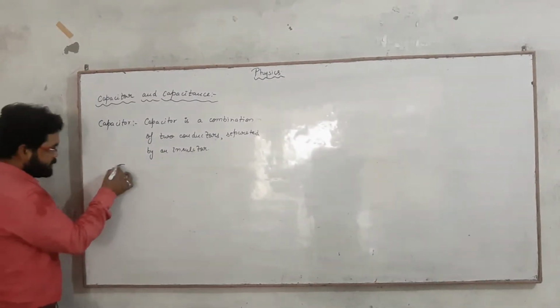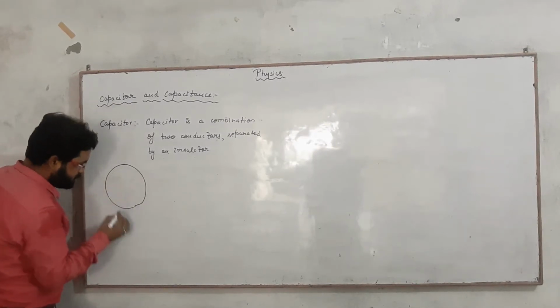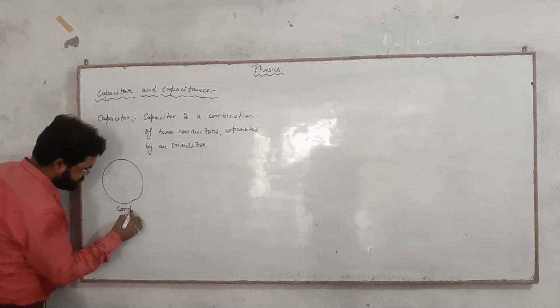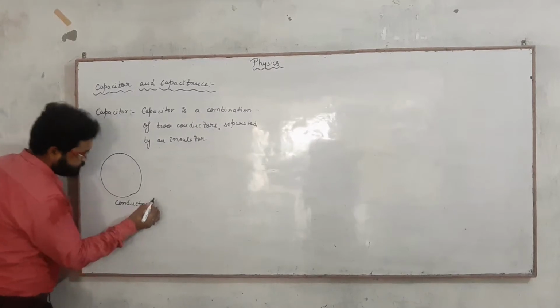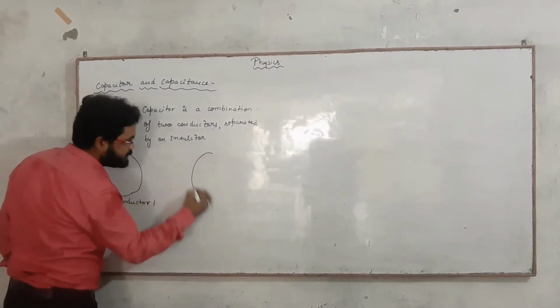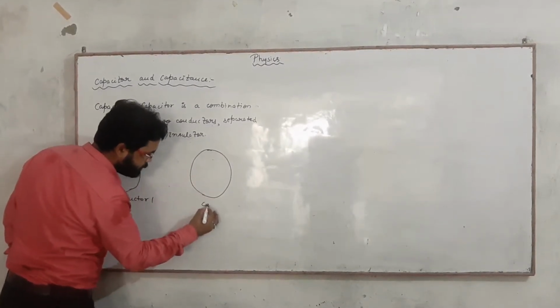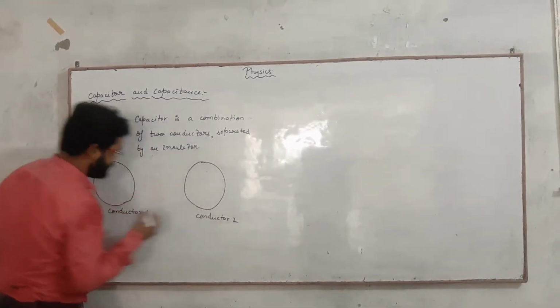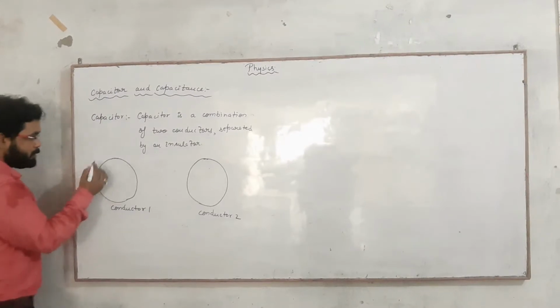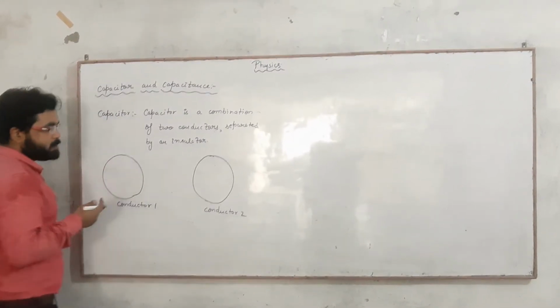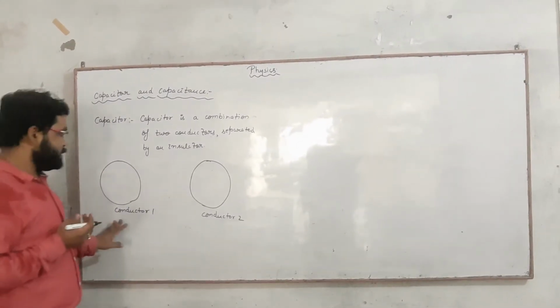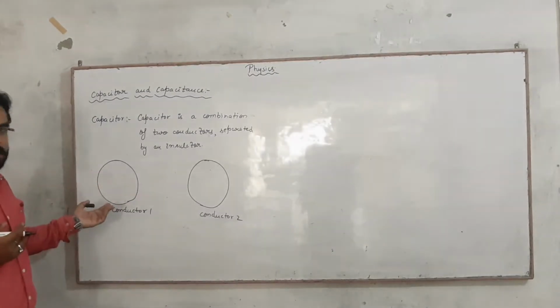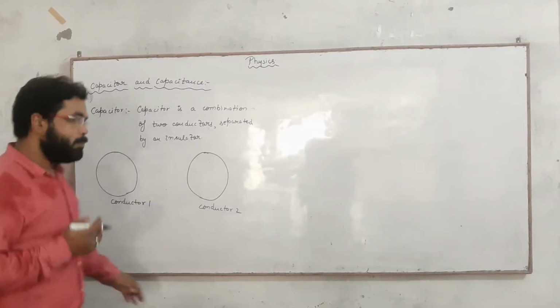Let's suppose there is one conductor. This is conductor 1 and this is conductor 2. In practice, we assume that on one conductor the charge will be plus q and on the other conductor the charge will be minus q.